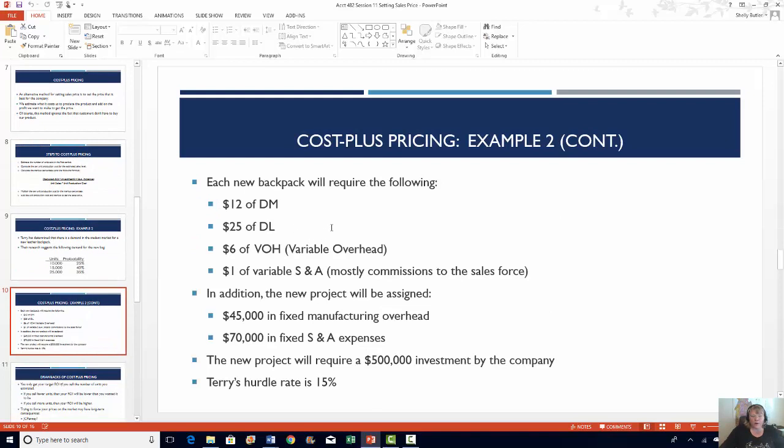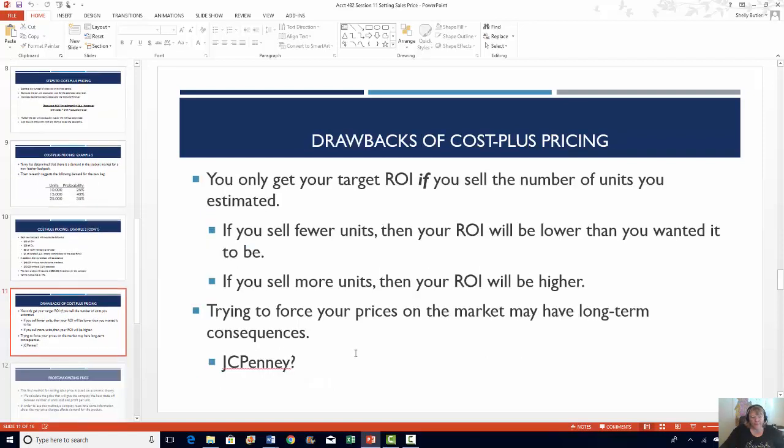Each new backpack will require the following: $12 of direct materials, $25 of direct labor, $6 of variable overhead, and $1 of variable S&A, mostly commissions to the sales force. In addition, the new project will be assigned $45,000 in fixed manufacturing overhead, $70,000 in fixed S&A expenses.